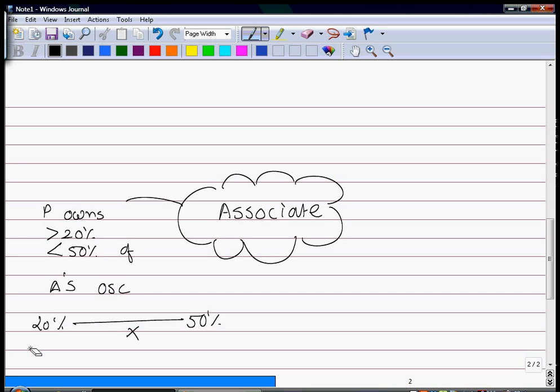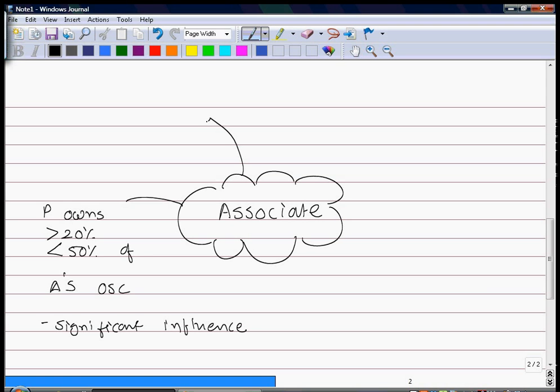This gives the parent something called not control but significant influence over the associate. That means they will have significant influence in the policy and strategic decision making in the associate. They have an influence, but they do not have control.